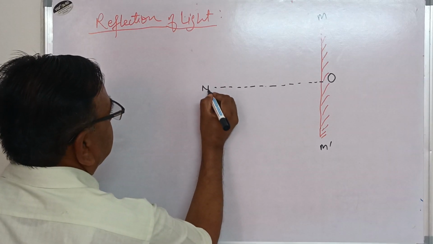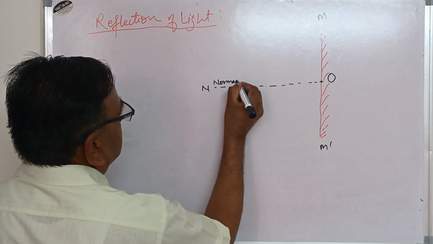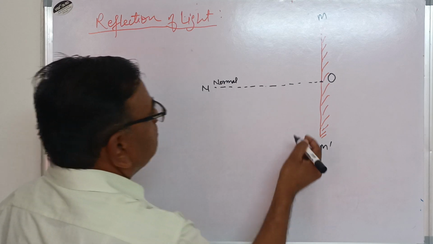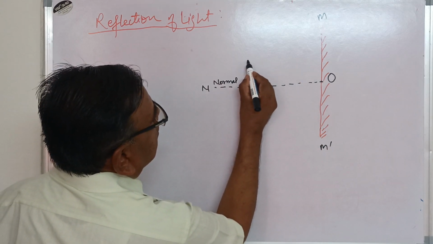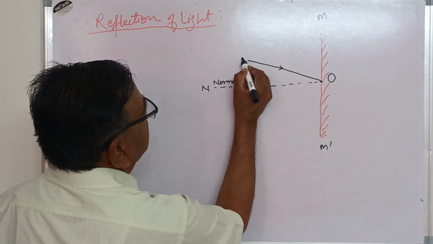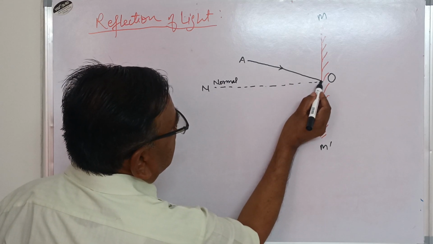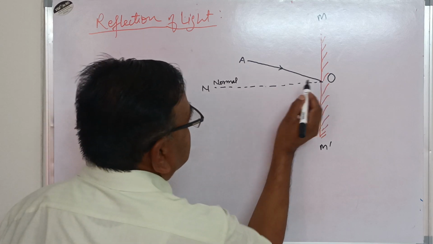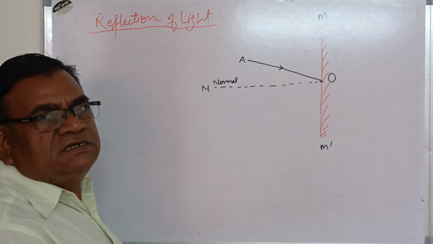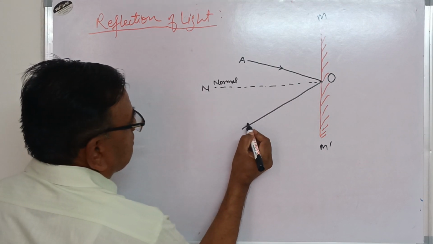ON is the normal line on this point O. Let some ray come from here and strike at point O. A ray A is incident on the mirror and strikes the mirror at O. As it strikes at point O, silver being the best reflector, it reflects the major part of the light in this direction, say B.